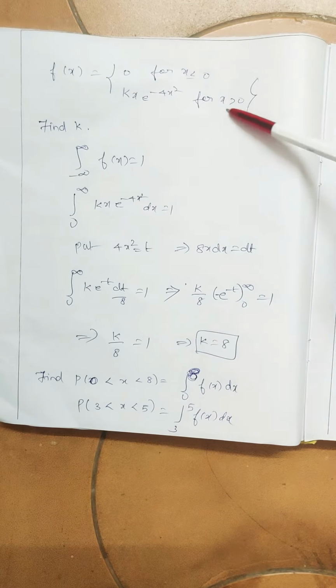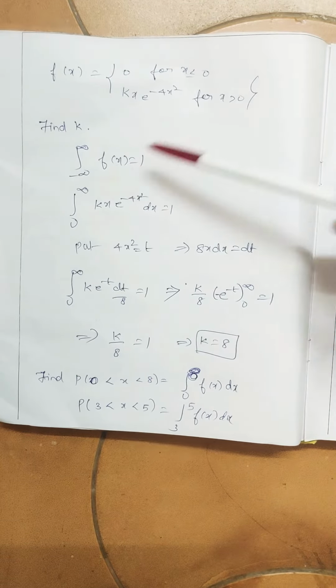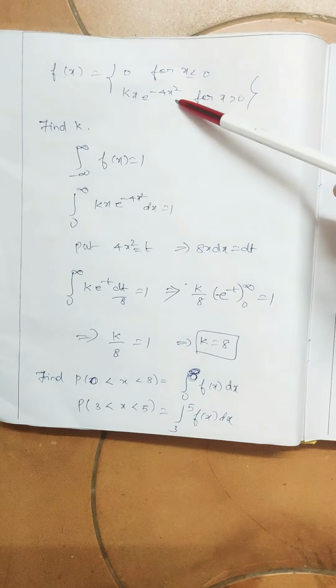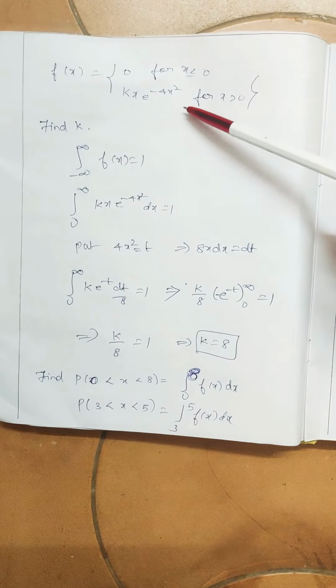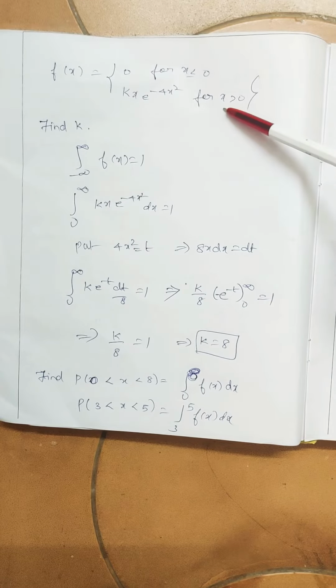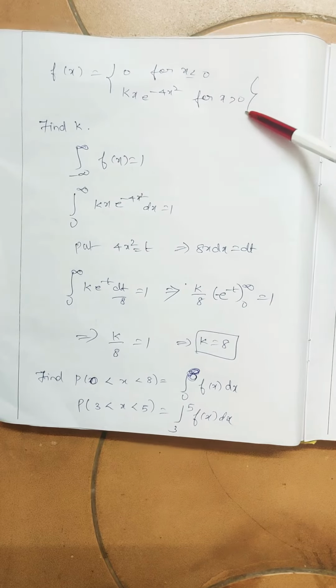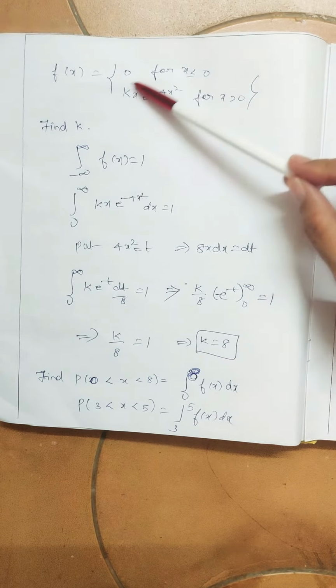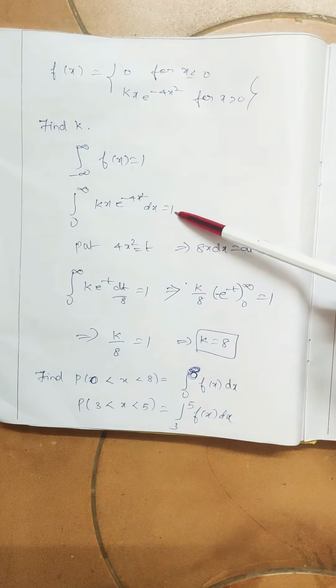But my function is valid only for x greater than 0. So this minus infinity to infinity will become 0 to infinity for this problem, because my function exists only when x is greater than 0. So I am writing integral 0 to infinity of this function dx is equal to 1.